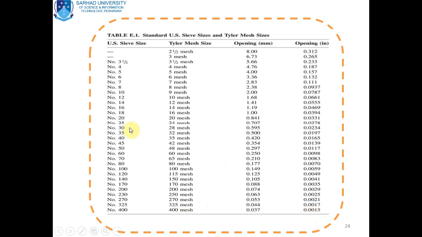From top to bottom, when the sieve size increases, it means that the mesh per square inch increases, and larger particles will pass through the top one compared to the lower one.